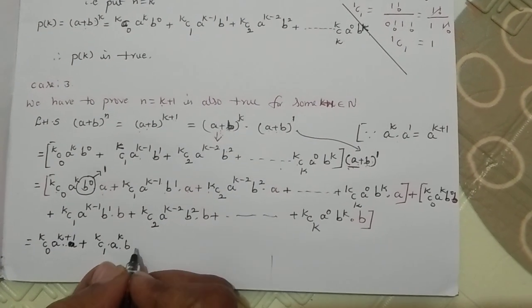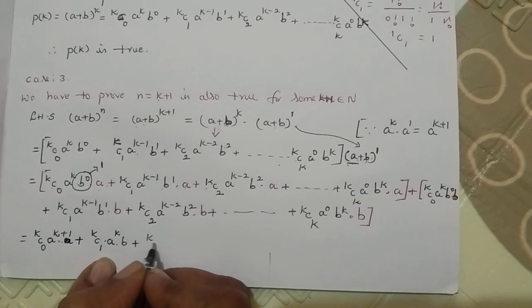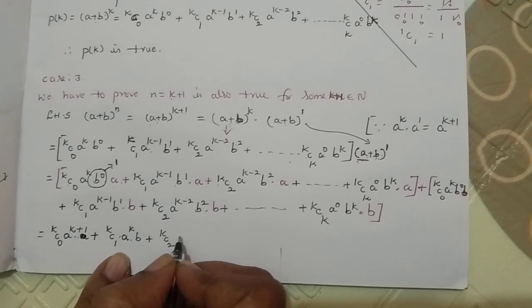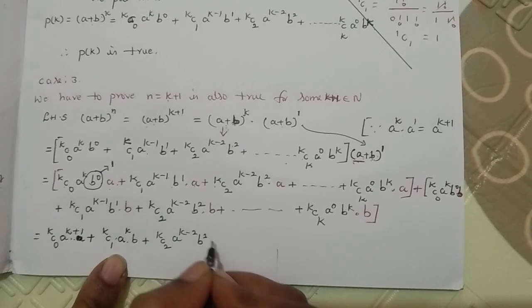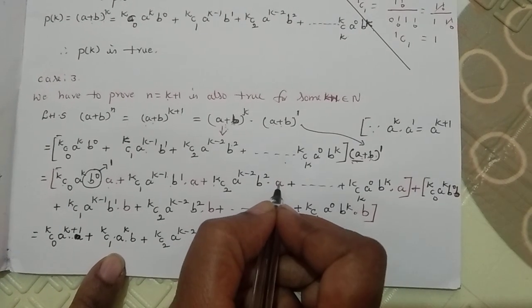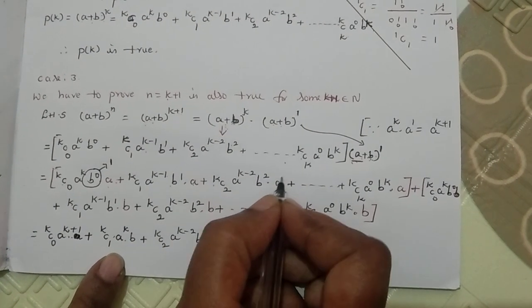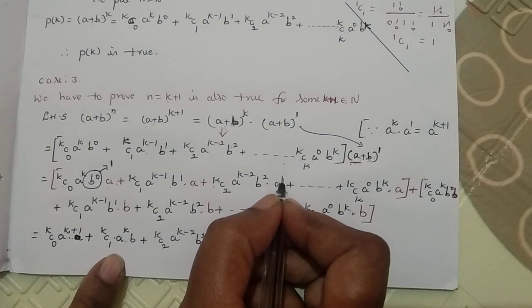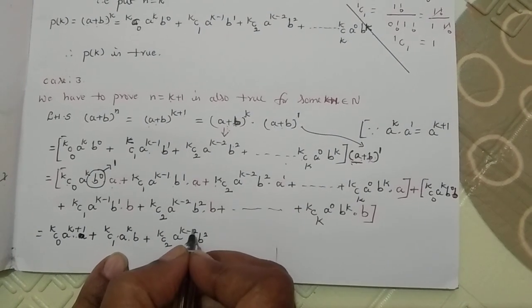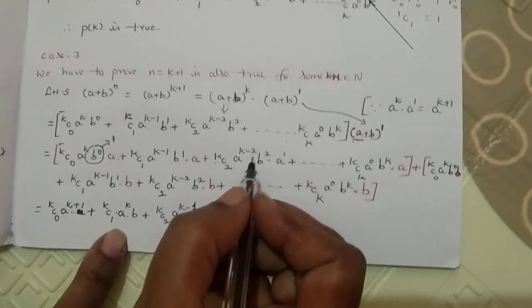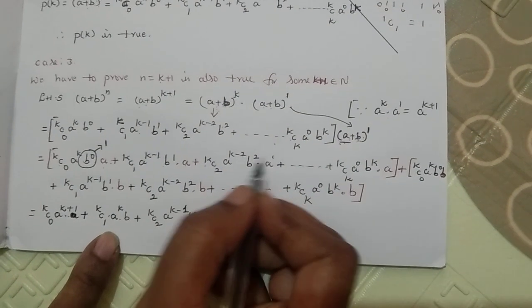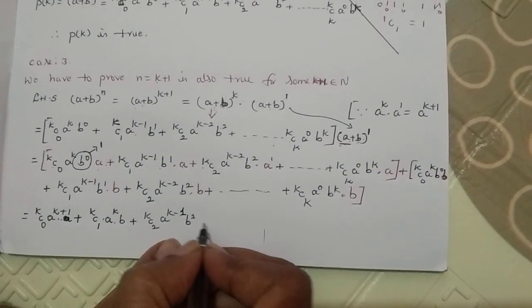Next, plus kc2 a to the power of k minus 2 b power 2 c. Here one a is there, so minus 2 plus 1 gives minus 1.